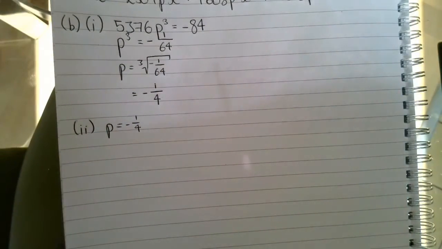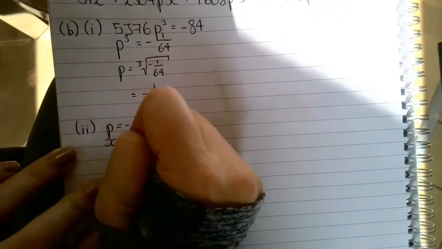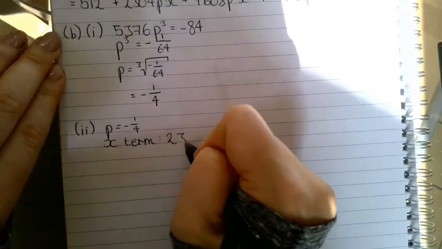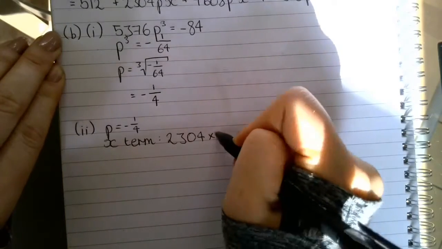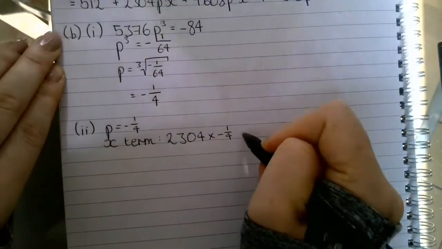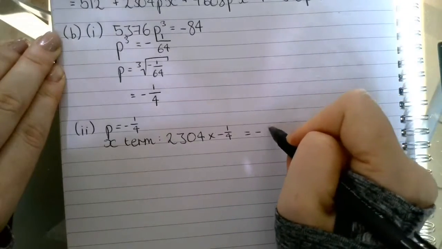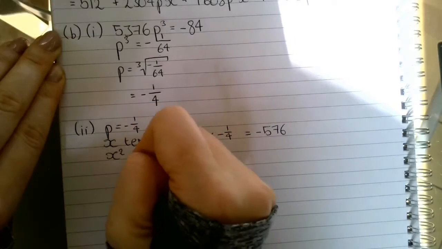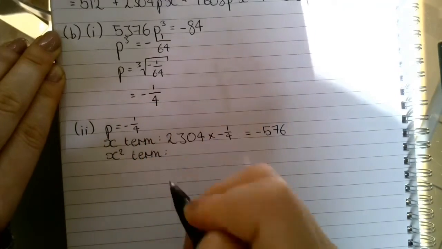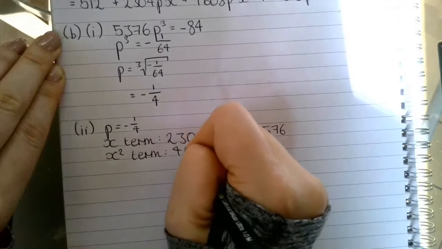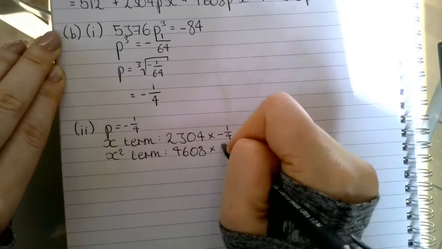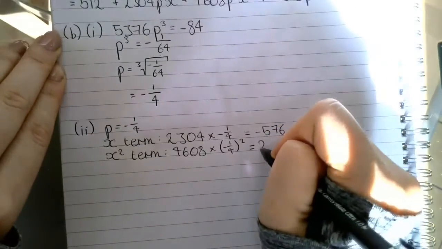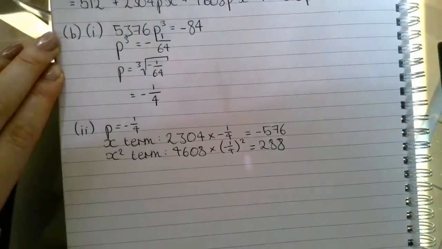So for the x term, the coefficient of the x term, we've got 2304 times by a negative quarter, which is negative 576. For the x squared term, we have got 4608 times by a negative quarter all squared, and that is equal to 288.